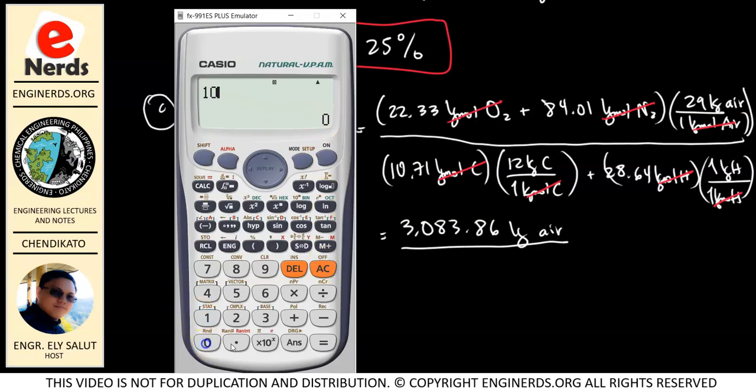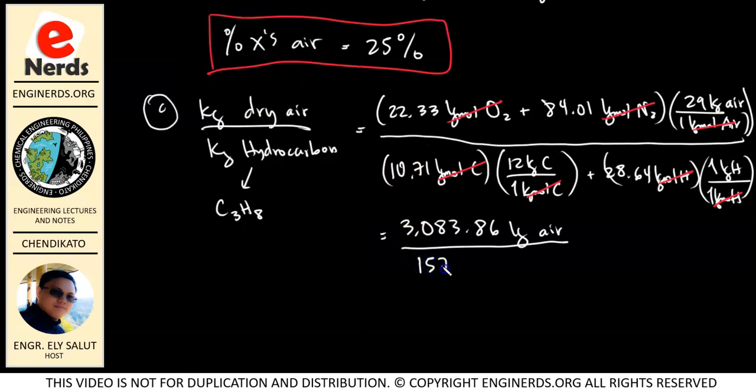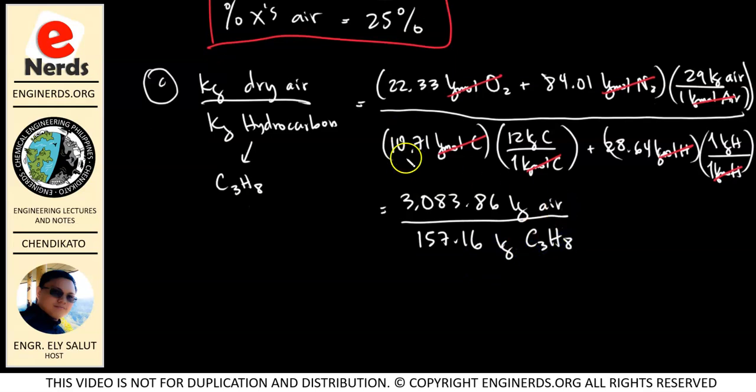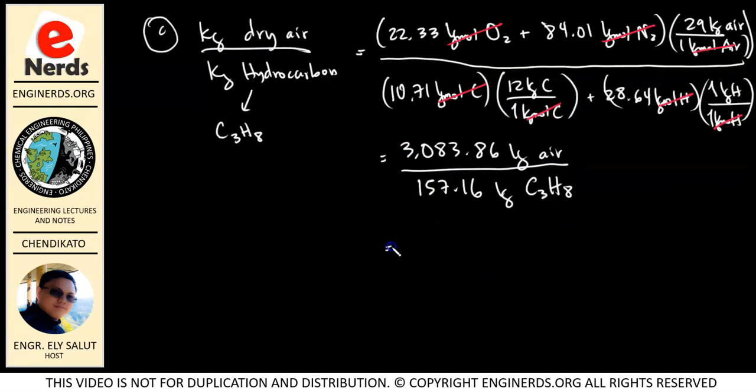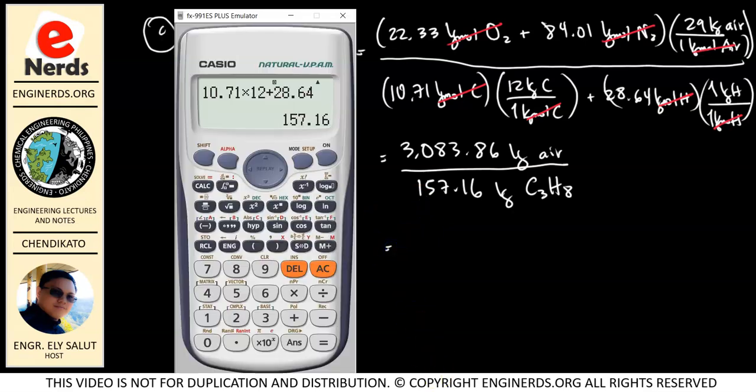We have 10.71 times 12 plus 28.64 will be equal to 157.16 kilogram of hydrocarbon C3H8.